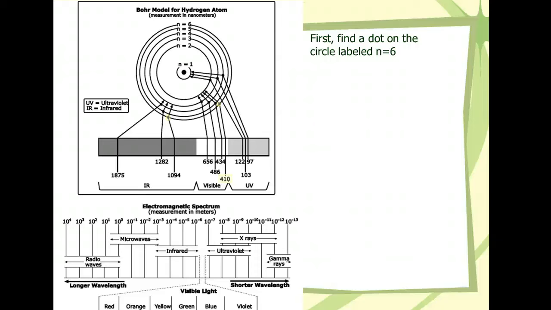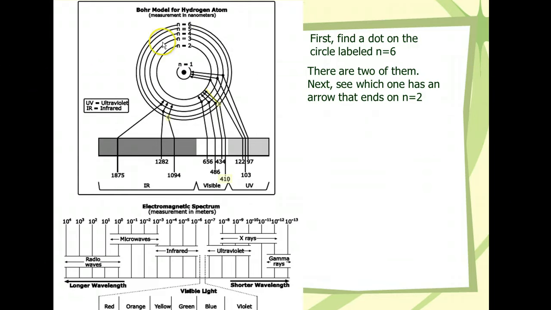And we said we wanted to find where it went to 2. So we have to see which one of these ones that's on 6 has an arrow that ends on 2. That one ends on 2. This one ends on 3. So 3 is this line. That one just goes down to 3. But this one goes all the way from 6 down to 2.